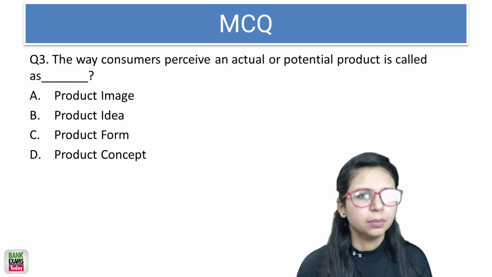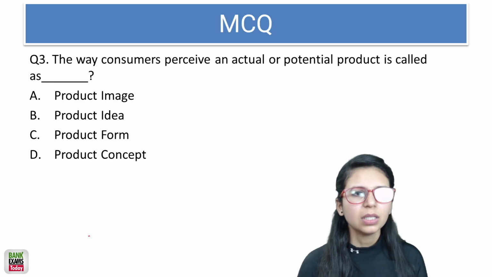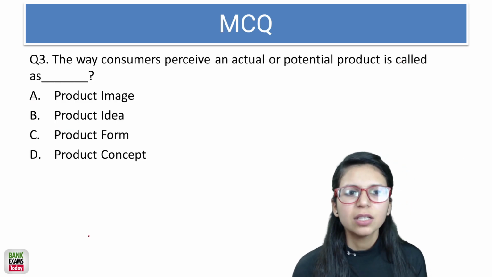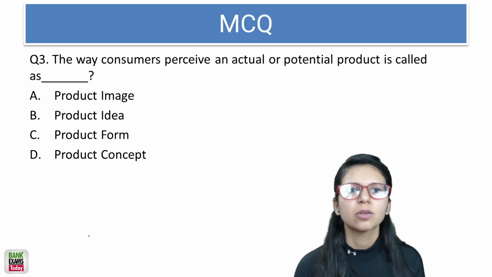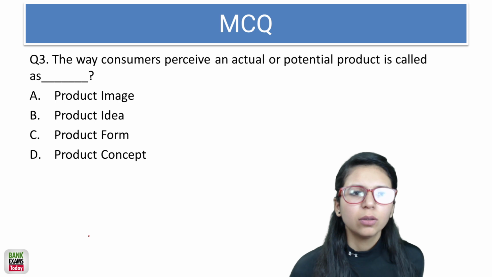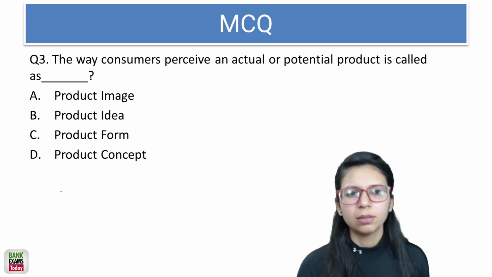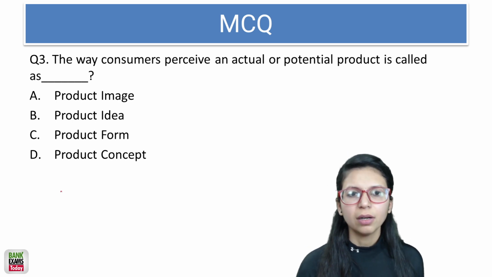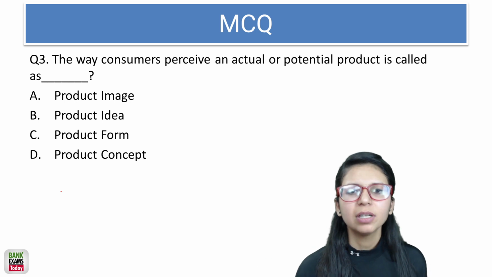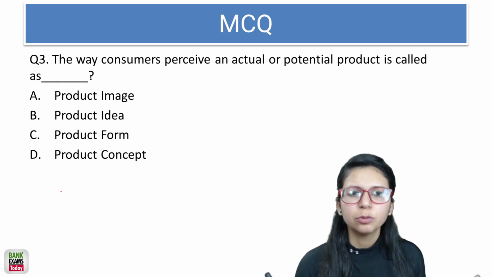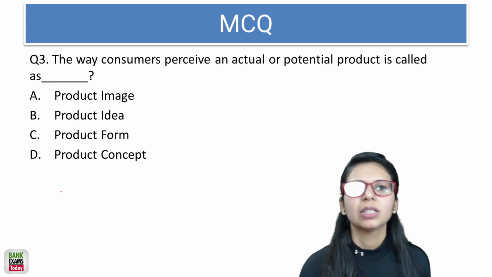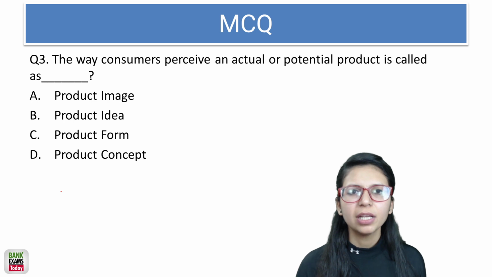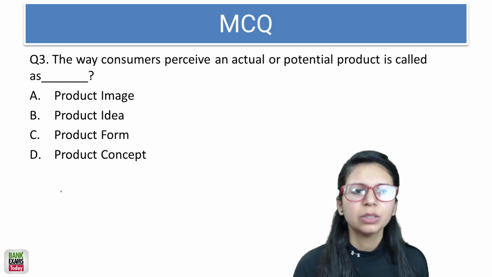Now next, third question. The way consumers perceive an actual or potential product is called as. Whatever the consumers think about the potential or actual product that is there in the market, whatever they perceive about that particular product, or their opinion towards that product, that is what it is.